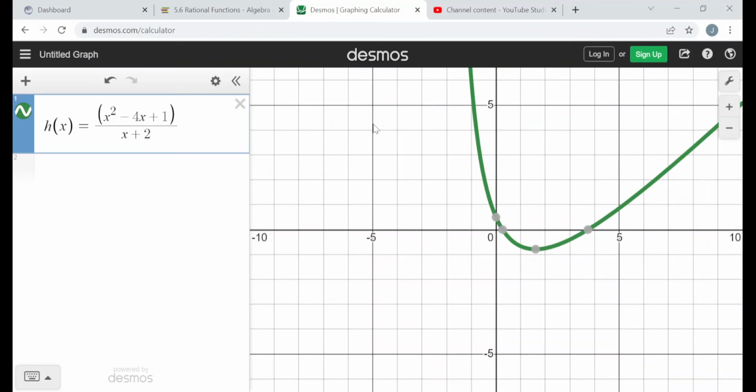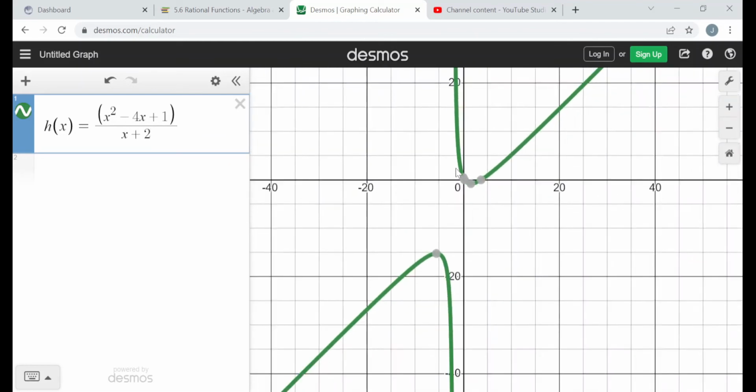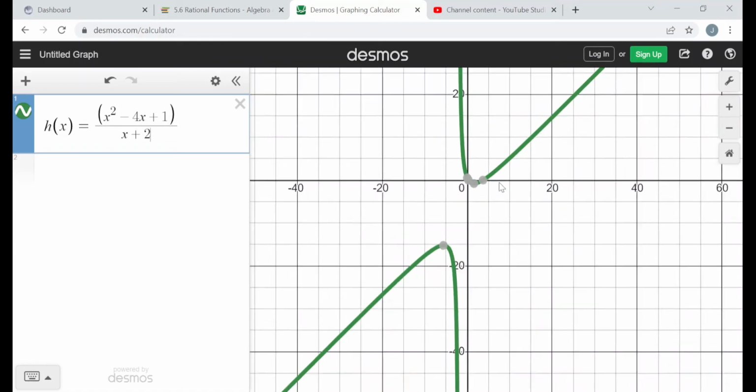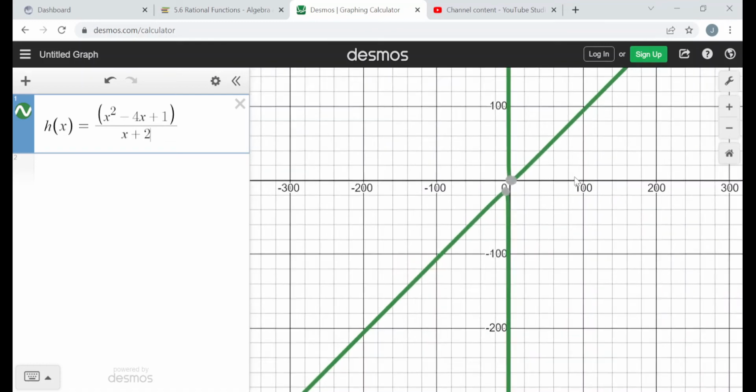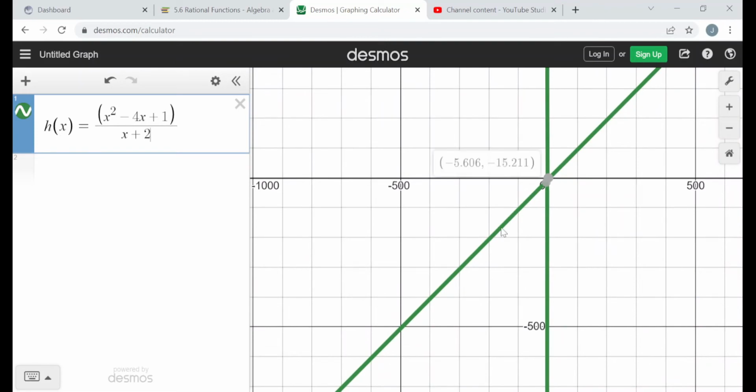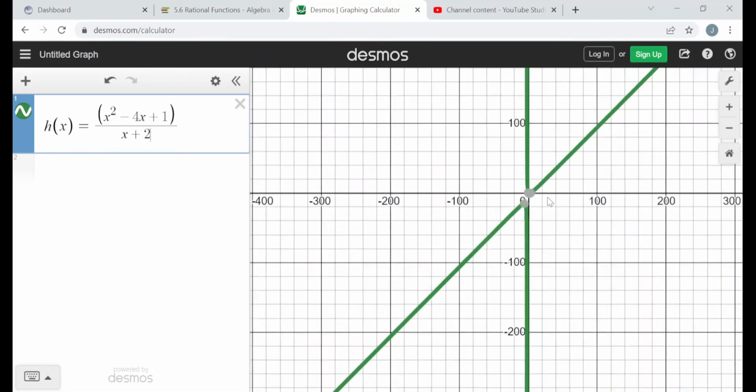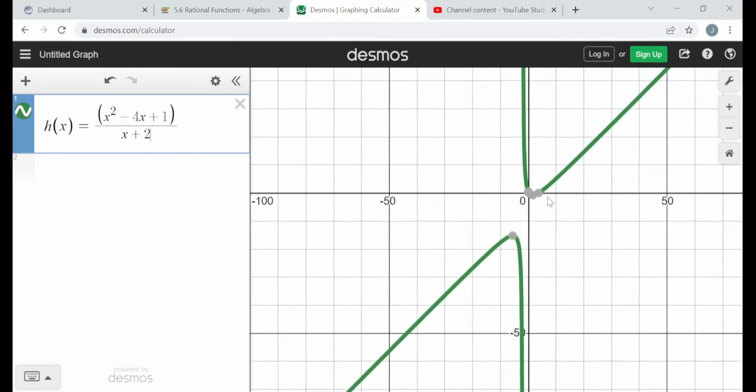And you see how when I zoom out here, the graph's not approaching some horizontal line. The further and further I zoom out, it looks like the graph is basically a straight line, to the right and to the left.